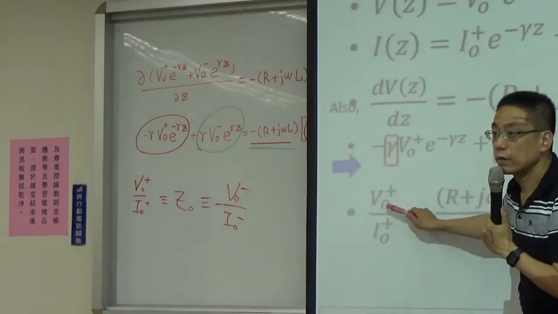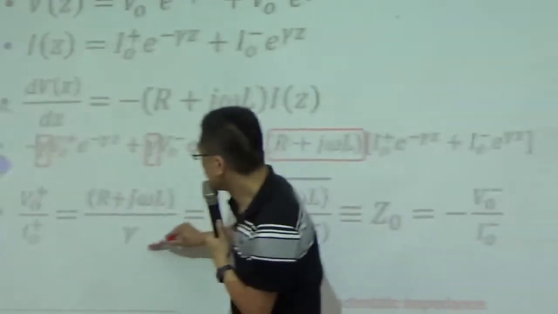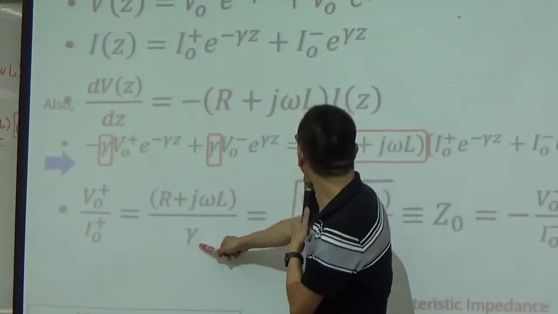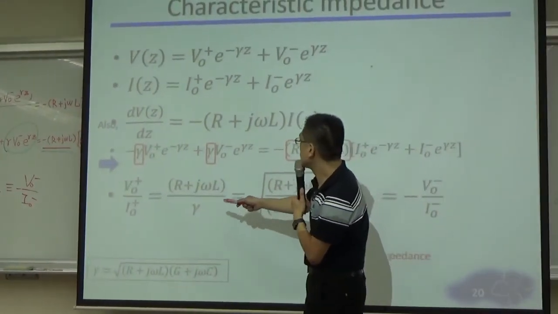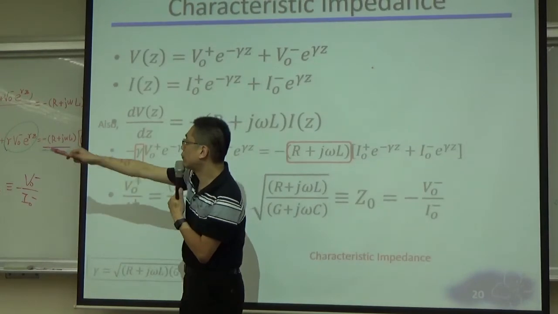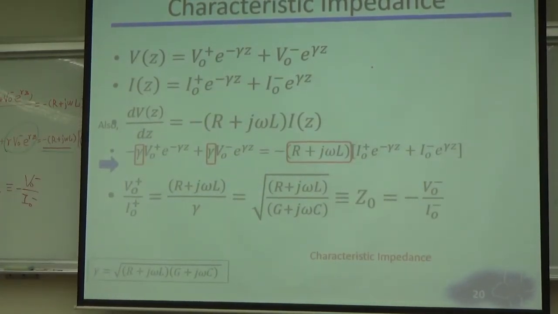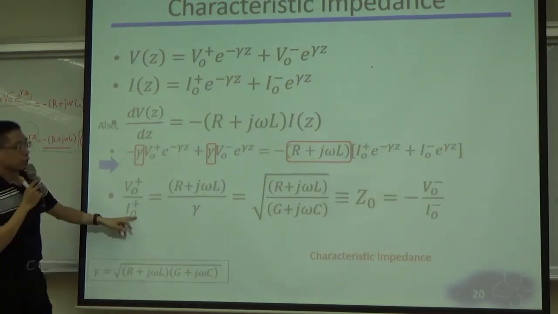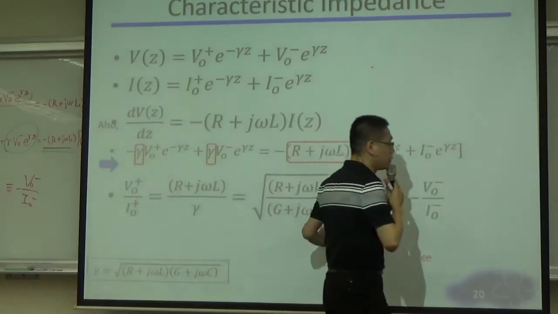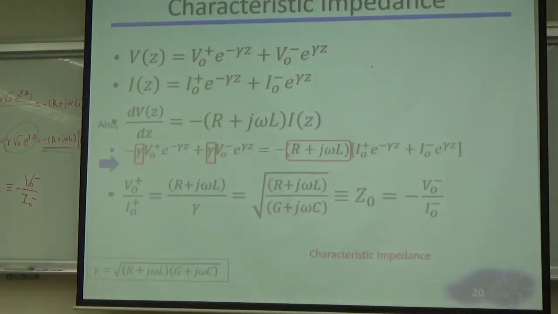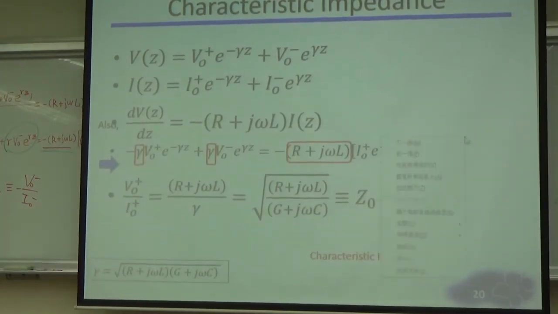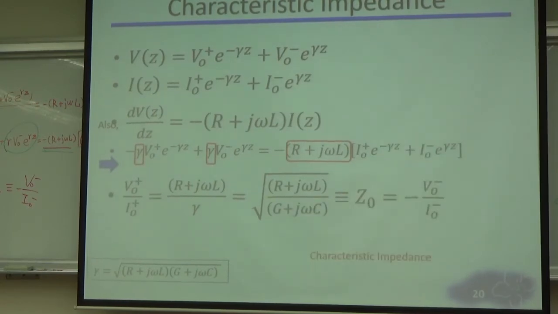So this one, according to this equation, equals here, and gamma equals the square root of this term. This is gamma, right? So finally, we obtain this result we want.